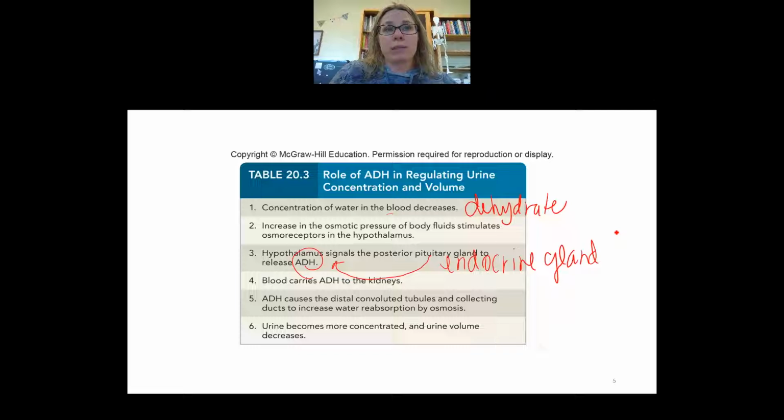That hormone travels to the kidney and it causes the distal tubule and also the collecting duct to be more permeable and release water to be reabsorbed. That causes the kidneys to make concentrated urine in a lower volume.